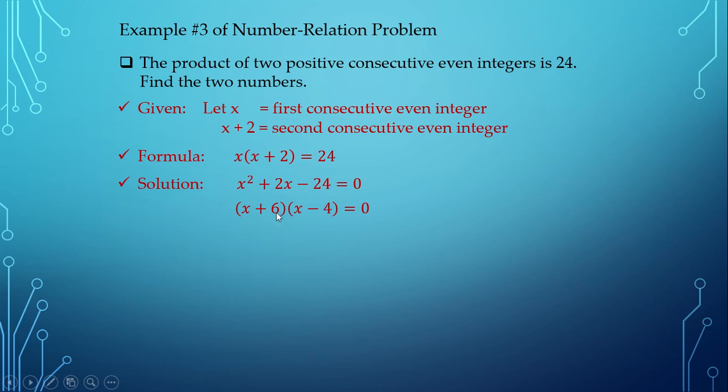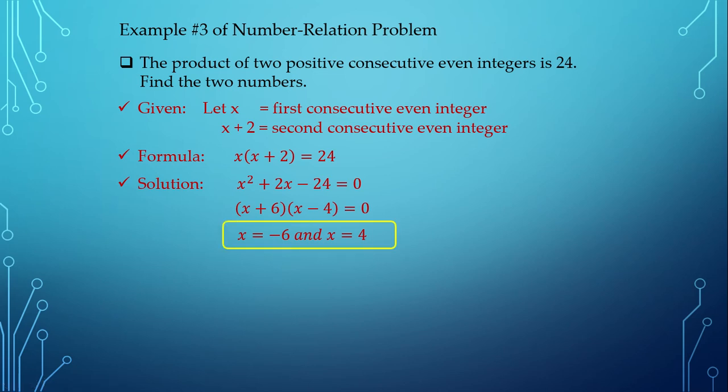Negative 24: positive 6, negative 4, to get the sum, positive 2x. So 6 minus 4 is positive 2, the sum. 6 times negative 4 is negative 24, the product. So x plus 6 or x minus 4 equal to 0. Then by the zero product property, x plus 6 equal to 0, therefore x is equal to negative 6. The plus 6 is moved over, becoming negative 6. X minus 4 equal to 0, the negative 4 is moved over, becoming positive 4.